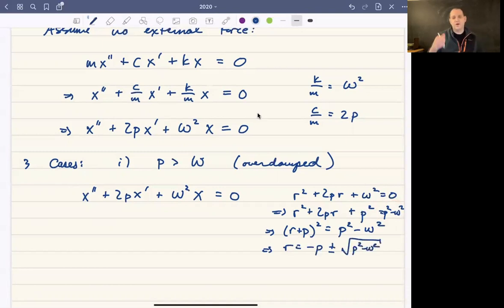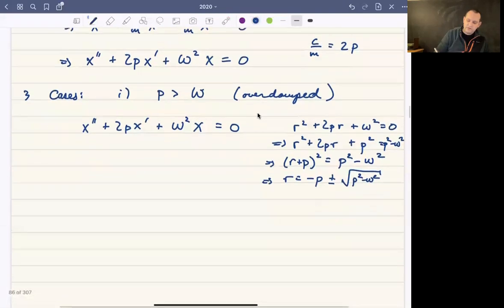Now, this is true for all cases, but in our case, when p is greater than omega, that forces the quantity under the square root to be positive, and therefore we have real roots, and therefore we're going to have 2 solutions.